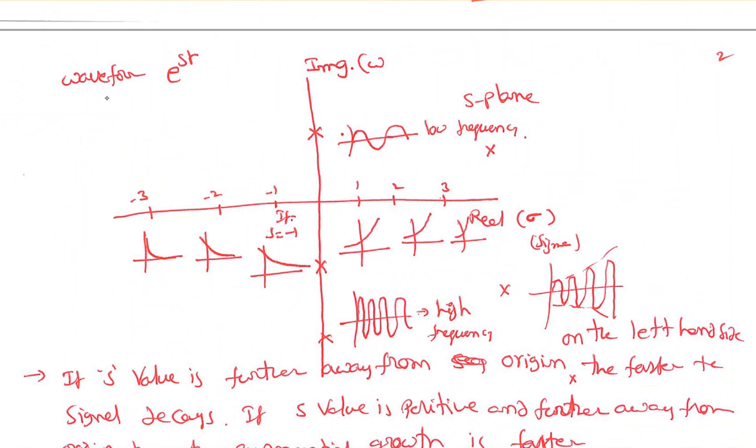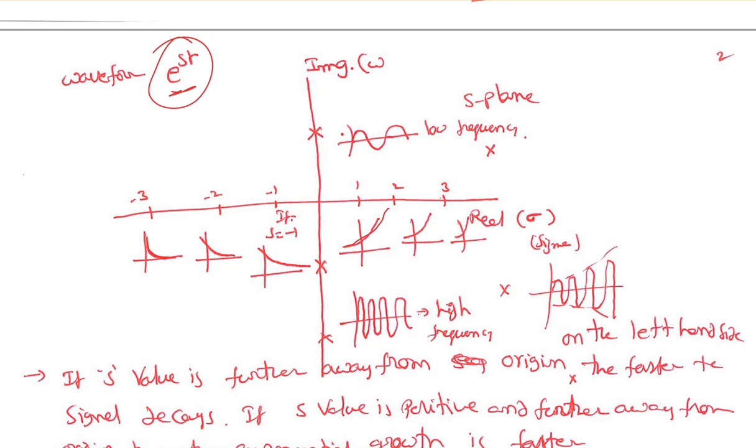Say for example, a waveform has e to the power of st. If you take s equal to -1, this is the graph. It's going to take a little longer to settle down. If I take s equal to -3, it will settle down faster. If you have a positive s value, it's going to be exponentially increasing, so it will not settle down. That's the reason if you have a pole on the right hand side of the y-axis, that's unstable.